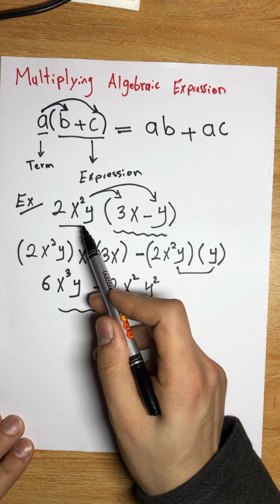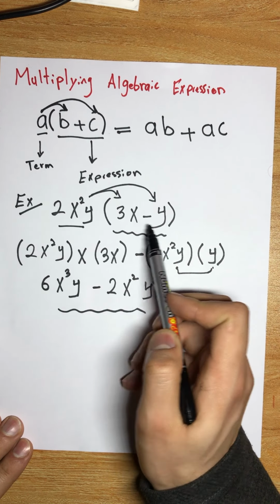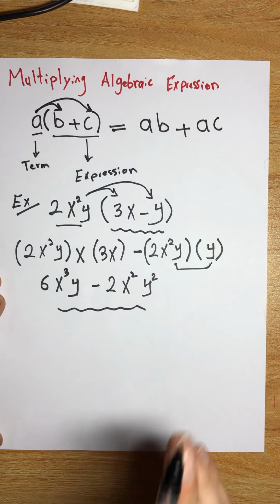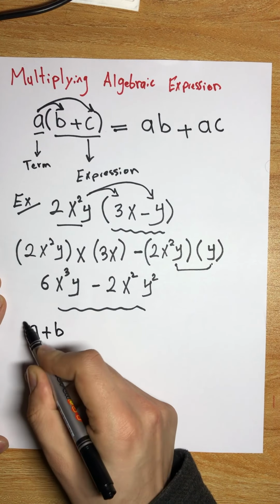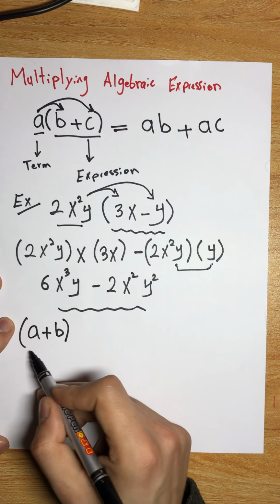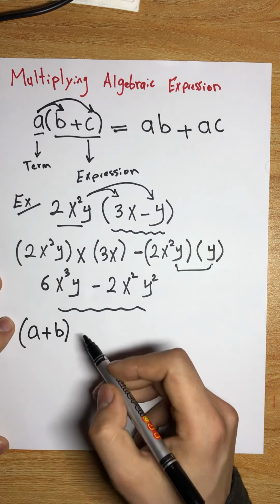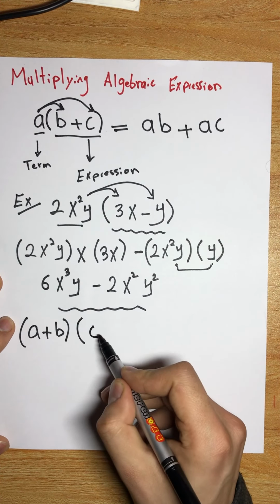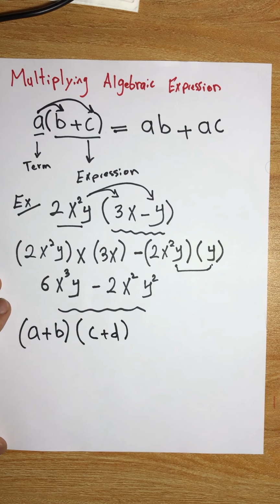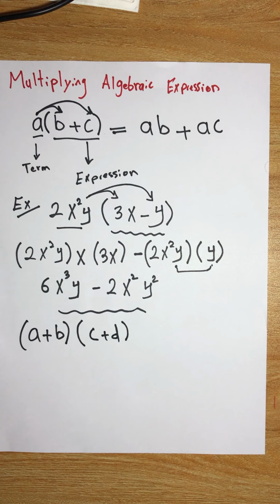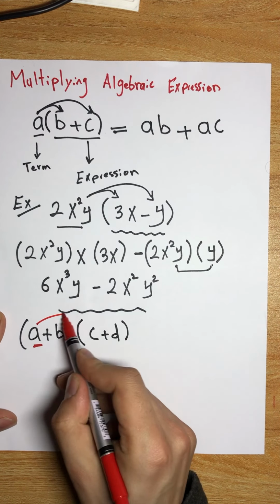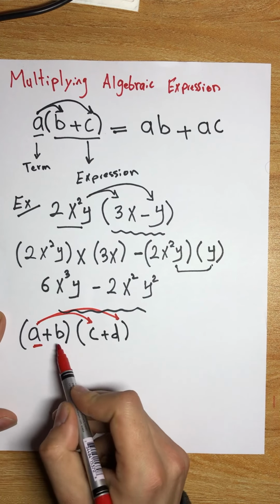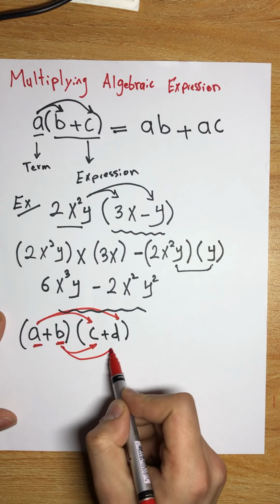Okay guys, now on this exercise we multiplied this term by this expression. Now let's say that we have two expressions to multiply. So let's say that we have a plus b, and we have to multiply it by c plus d. So the rule is we have to multiply the first term of this expression by these two, and then the second term by these two also.